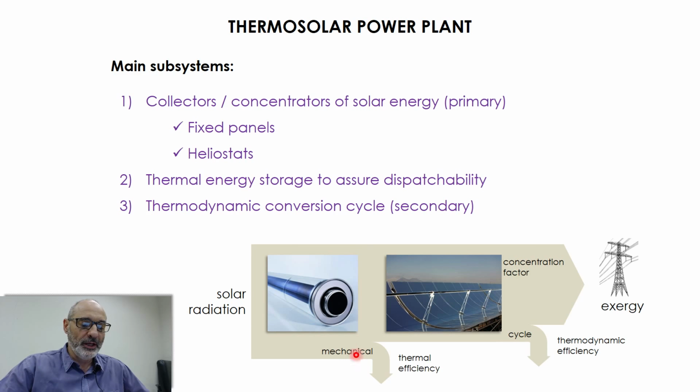So it is related to thermal efficiency or mechanical efficiency. Okay. Then you have losses related to the second law of thermodynamics. This is thermodynamic efficiency. Okay, so this is a very broad view of the power plant, and we're going to take a look in detail at all these parts of the power plant.